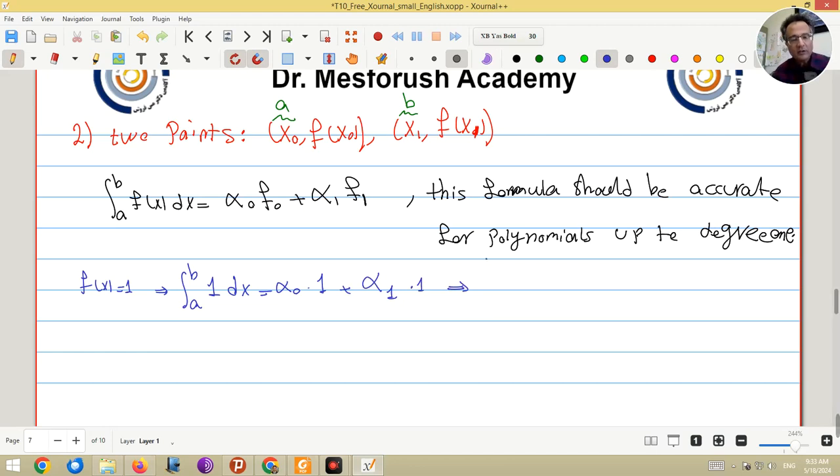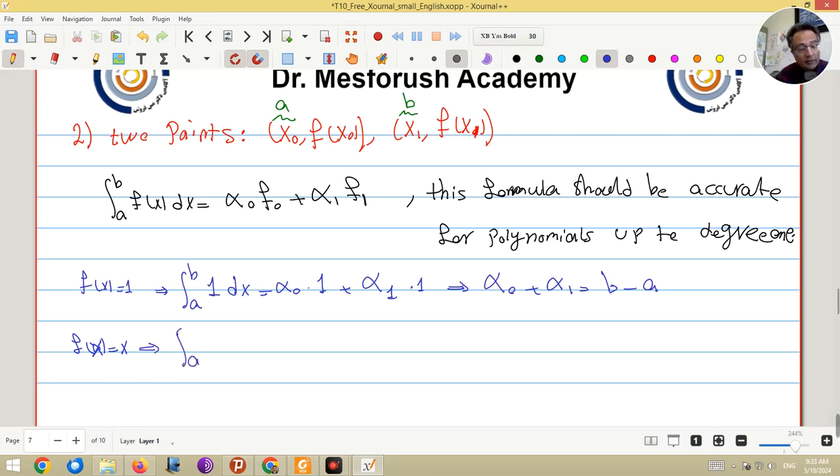And this gives alpha 0 plus alpha 1 equal to b minus a. Right? And also it should be accurate for a polynomial of degree 1. We consider f of x equal to x as a polynomial of the first degree.